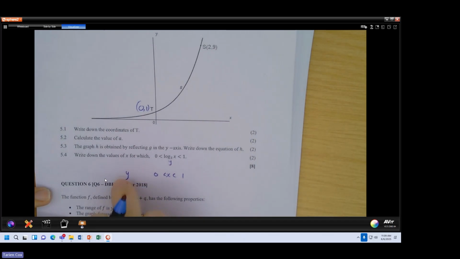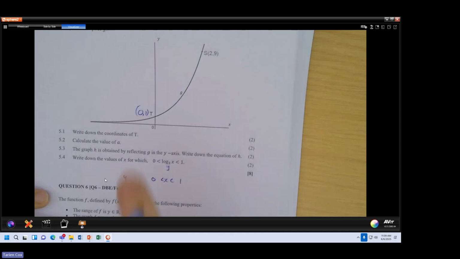And I want to know for which y values do my x values lie between 0 and 1. This is when I swap my x and my y values around. So I can look at my original function for the answer.